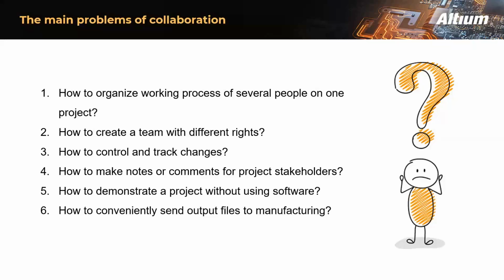Usually, this is done by having one team member transfer the project to another member, for example, moving from a schematic designer to a layout designer and then to a mechanical team member. And if any changes need to be made at any one of these links, the process has to be repeated.